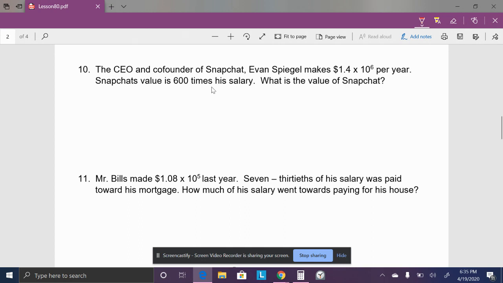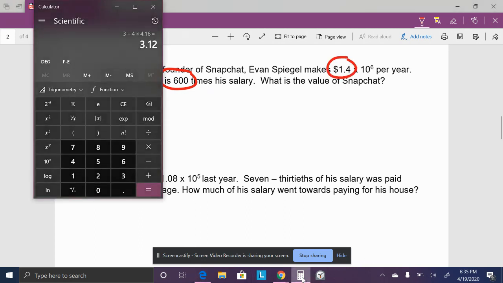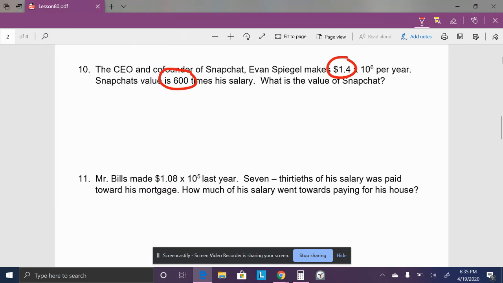Snapchat is valued at 600 times his salary. What is the value of Snapchat? So again, you're just multiplying 600 times 1.4. You get 840 times 10 to the 6th. Don't forget this guy, times 10 to the 6th.